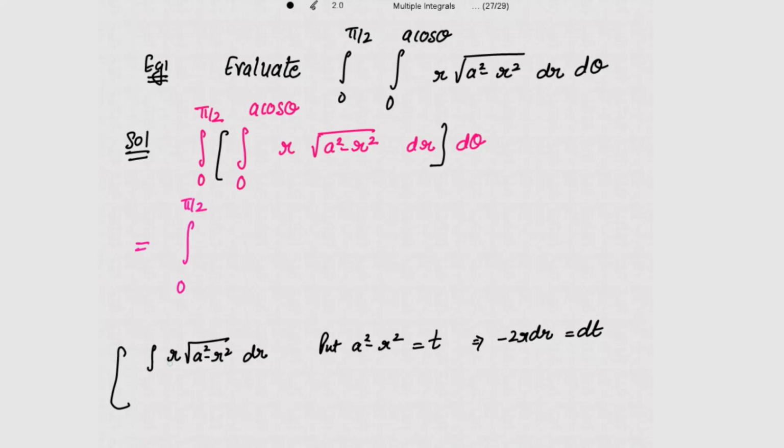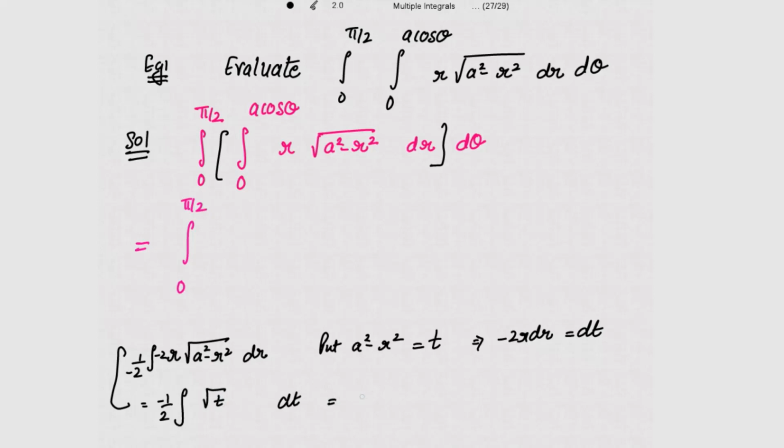Now here I am having r dr. I need minus 2r dr. So let me multiply by minus 2 and divide by minus 2. So this minus 2r dr becomes dt, and there I am having minus 1 by 2 and this is square root of t, right?